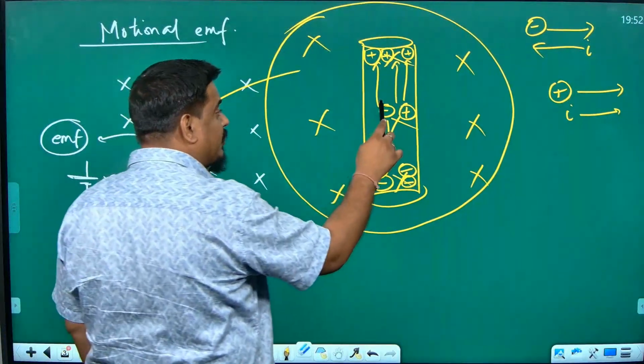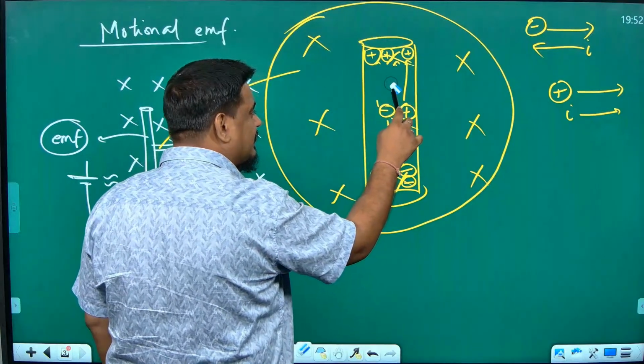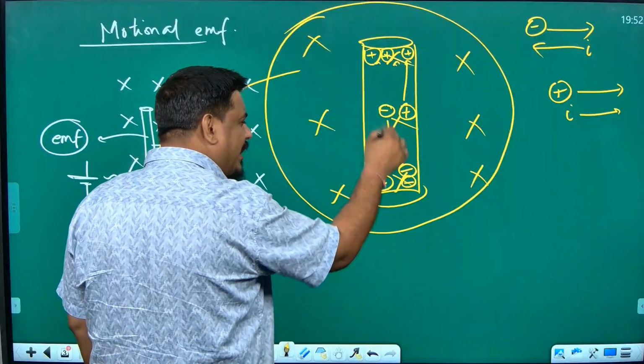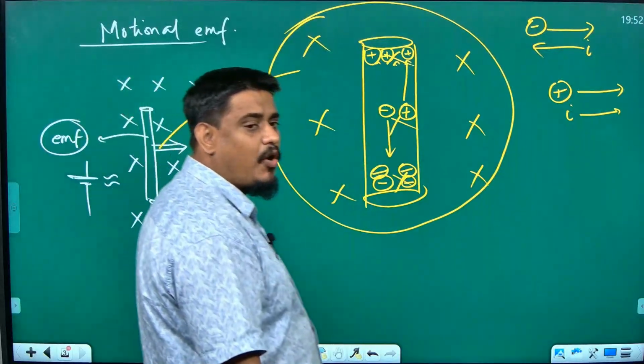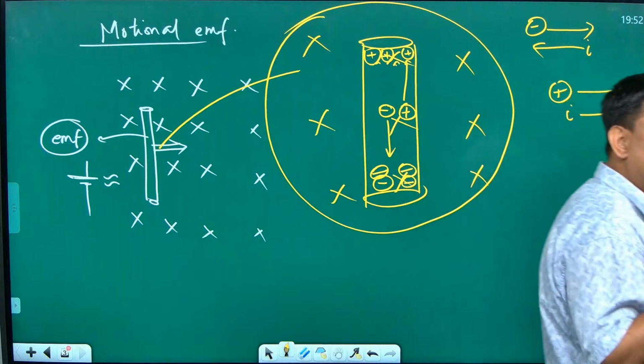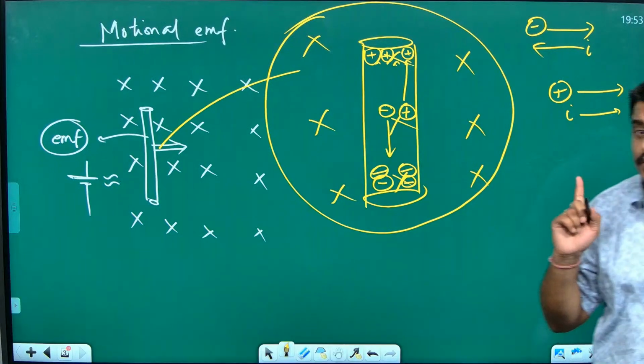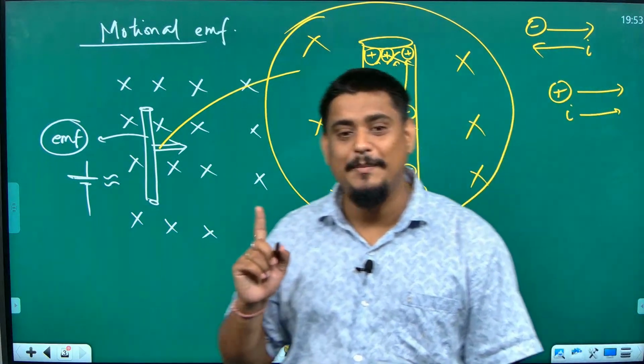What I am coming to tell you is that all the negative charge starts accumulating downward and all the positive charge starts accumulating upward. Why is it happening? It is happening because of the magnetic Lorentz force, F = QVB sin theta. Remember this.